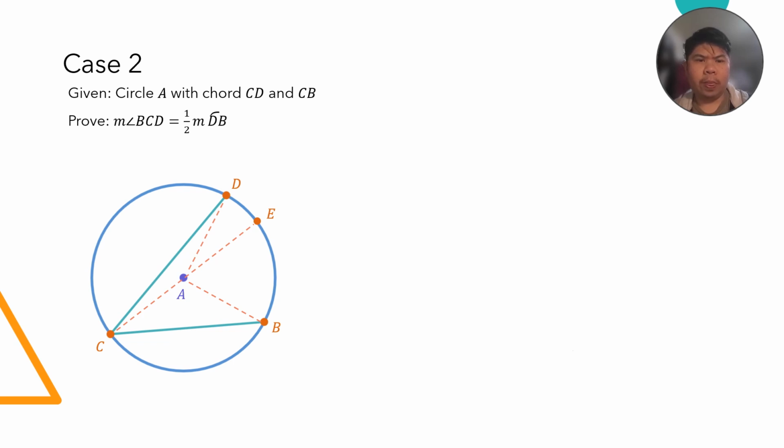So given circle A, and given chords CD and CB, we want to prove that the measure of angle BCD is equal to 1/2 the measure of arc DB. Now, this is similar to case 1 in terms of what we have to prove, but our construction is slightly different.